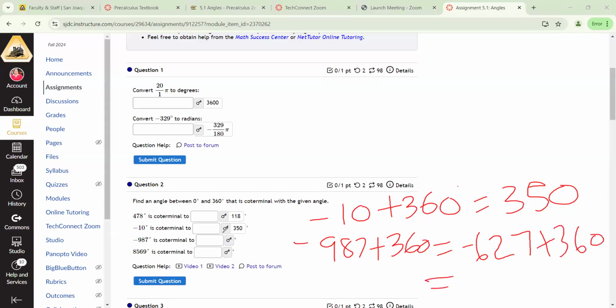And when you add that, you will have negative 267. And one more time, you're going to add 360. And now when you do that, you will have 107 as the value of this one. So 107.